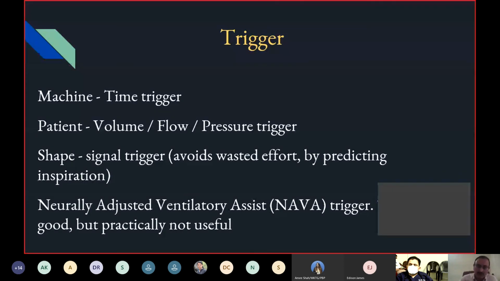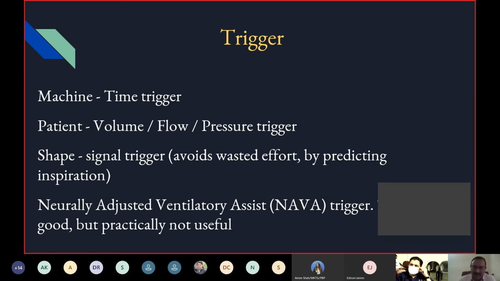A wire was put into the stomach, and at the level of the diaphragm it recorded the electrical signals. We know that when the diaphragm contracts, it becomes flatter. That is the active process, and then it relaxes. So that active process was known to the machine, and it knew that, look, the patient's diaphragm is contracting, the patient is going to take a breath, took it as inspiration and gave the breath.